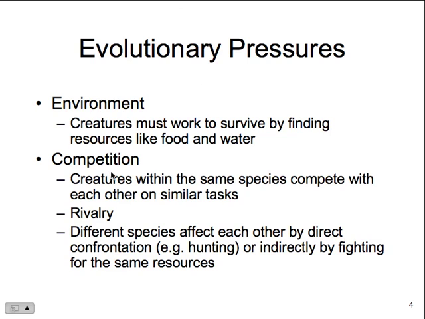Among the competitions, in our criteria, we're looking at distance. What we want is the shortest route, because we don't want to travel too many miles and waste too much gas. Among other competitions for the soccer, it's who can kick a ball, who can run, who's got the cardiovascular strength, stuff like that. In a generic evolutionary process, some of the competition might be creatures within the same species competing with each other on similar tasks.